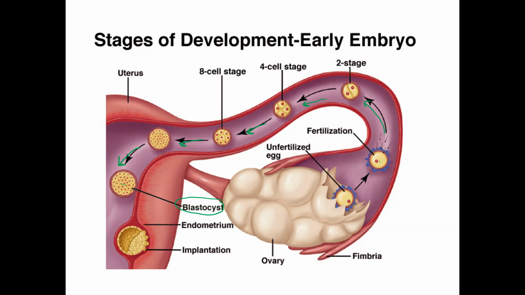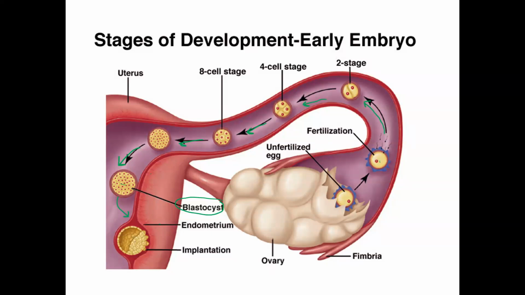This blastocyst now is going to embed itself in the endometrium. And from there, you're going to have progesterone being produced by the corpus luteum. The progesterone helps to keep the endometrium intact while the blastocyst implants itself and starts to set up shop.